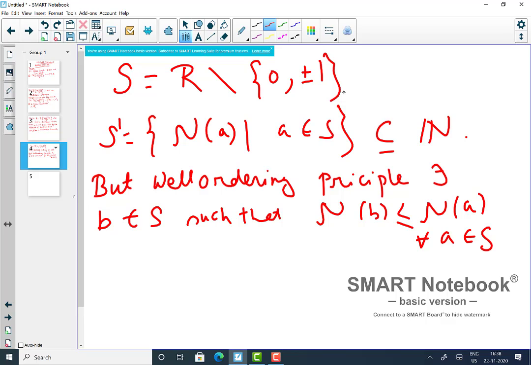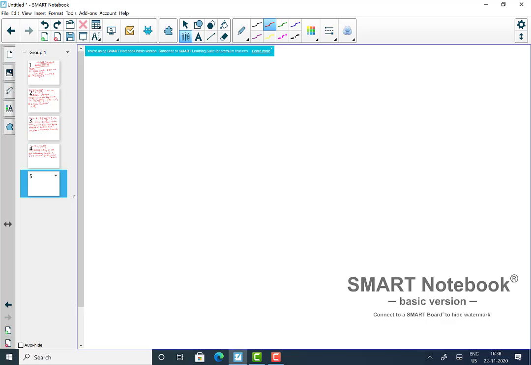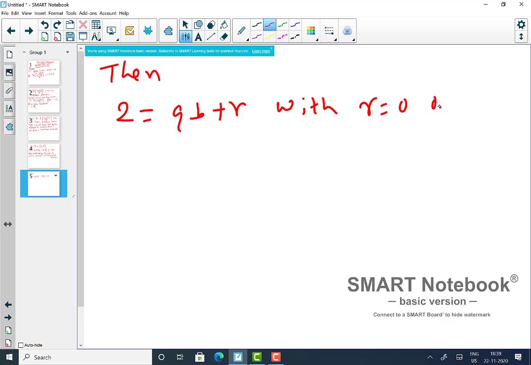So B is a number, and I can play the division algorithm with respect to B. For example, if I use the division algorithm for 2, you can write 2 is equal to some QB plus R, because you have a norm, so R is 0, or the norm of R is less than the norm of B. Clear?